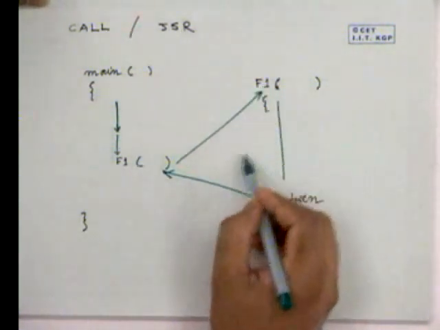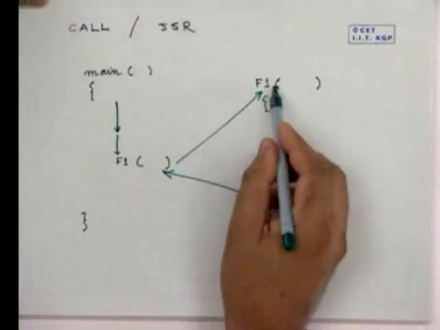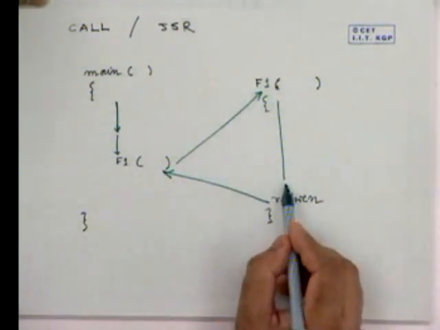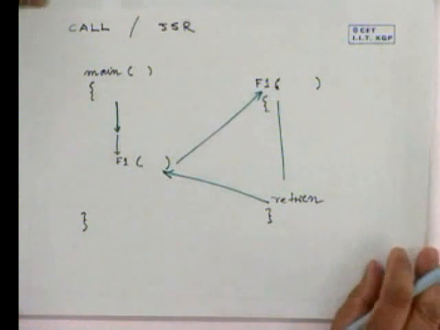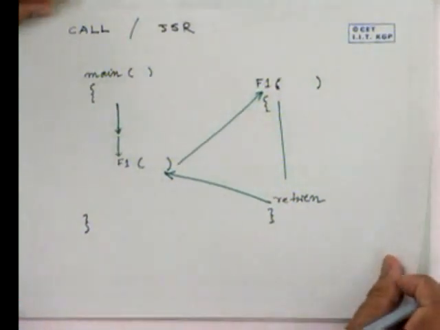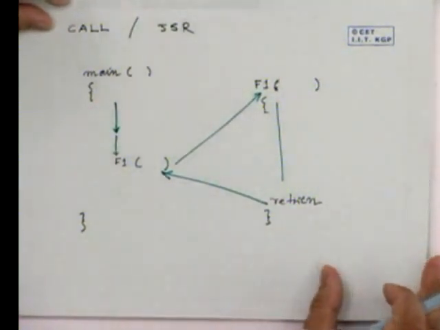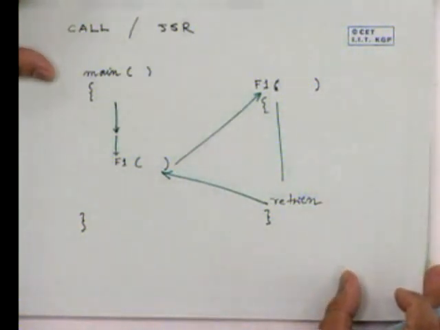Now, this is at a high level programming language concept that we have. Now, let us see how this is done in terms of machine instructions or assembly language instructions.